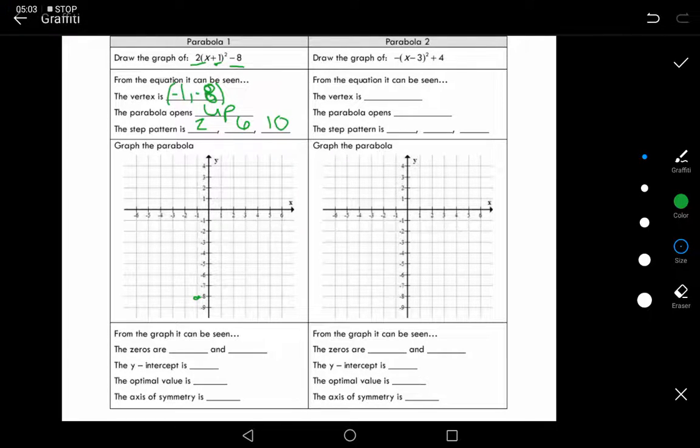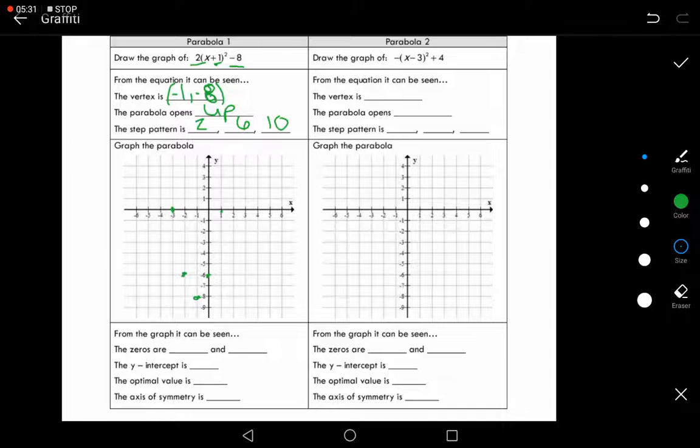So I'm going to go over 1, up 2, and put a point. From that new point, I'm going to go over 1, up 6, and put a point. And then if I had a larger scale here, I would go over 1 and up 10, but I don't. So I'm just going to do the same thing on the other side: over 1, up 2, over 1, up 6. Okay, so I have 5 solid points there.